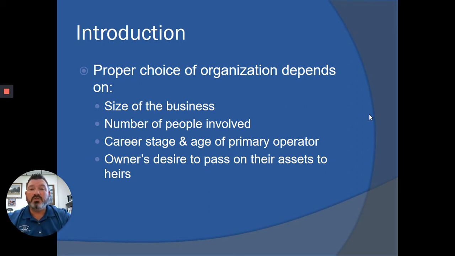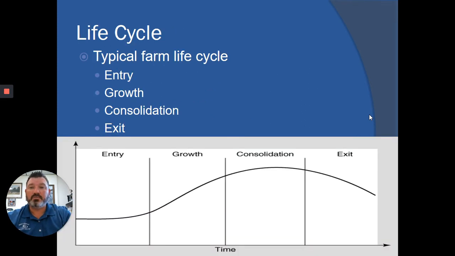And then there's the owner's desire to pass their assets on to heirs or partners of the operation that aren't necessarily family. So what is their goal there? Instead of just lining up the equipment, having an auction, and selling your land and completely liquidating out of the business, is there a business to pass on that you want to?